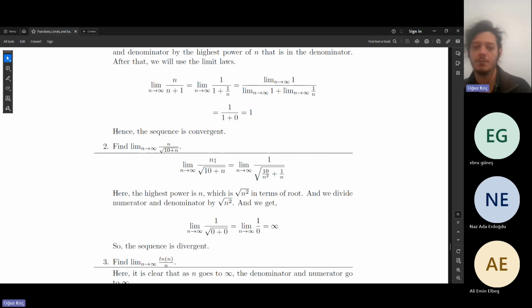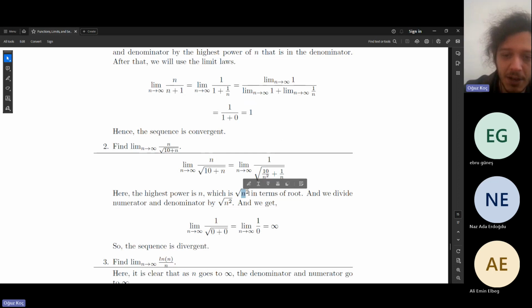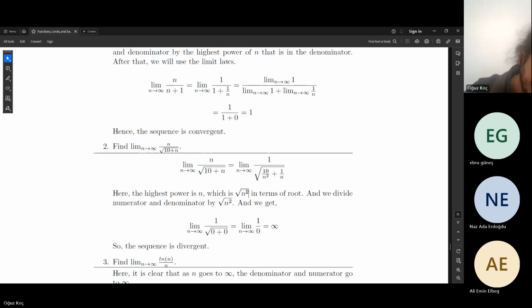Therefore, we need to divide both sides by n here, and for simplicity, we can write n as the second power of n and take the second root of n. The root and the power cancel out each other, and we end up with power of 1, first power of n. Therefore, we don't change anything here.